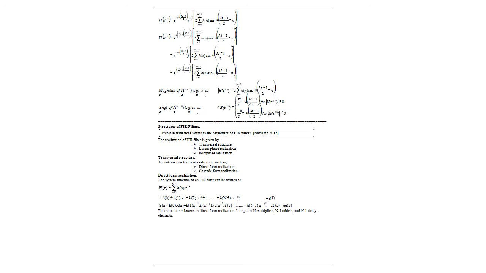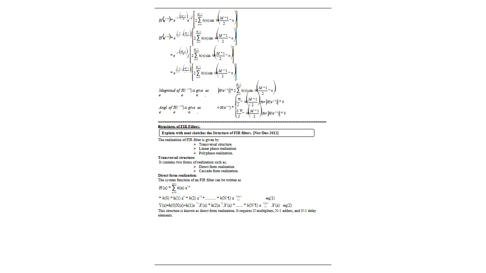So we get H of e power j omega, substituting all the values, equal to e power j into pi by 2 minus omega into (M minus 1) by 2, into 2 into summation n equal to 0 to (M minus 2) by 2 h of n sin omega ((M minus 1) by 2 minus n).